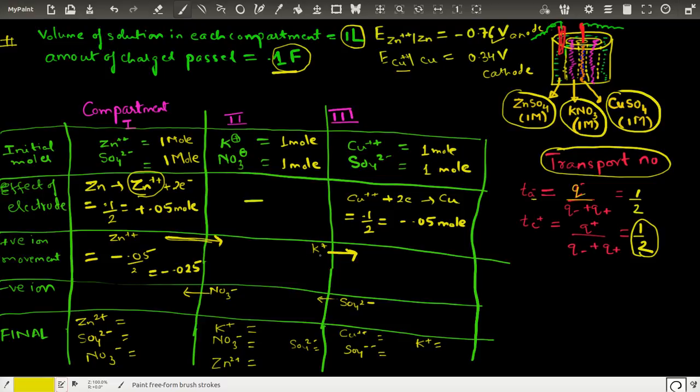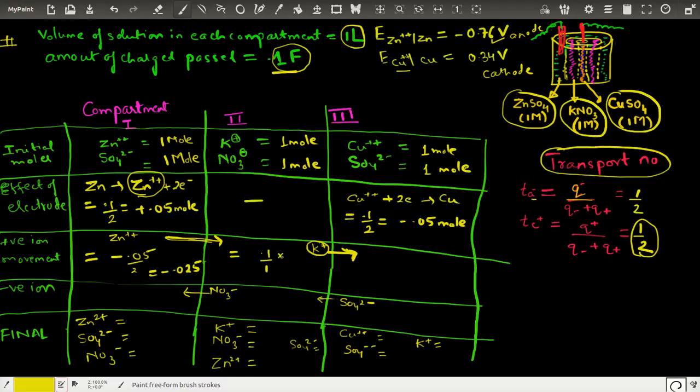Similarly, from compartment 2 to compartment 3, the potassium ions are migrating. Now again, since the transport number of the cations we have taken to be 0.5, and since the charge on the K plus ions is +1, when we say 0.1 farad, it is 0.1 equivalent, and when we say 0.1 equivalent, it is 0.1 mole, because the valency of potassium is 1.